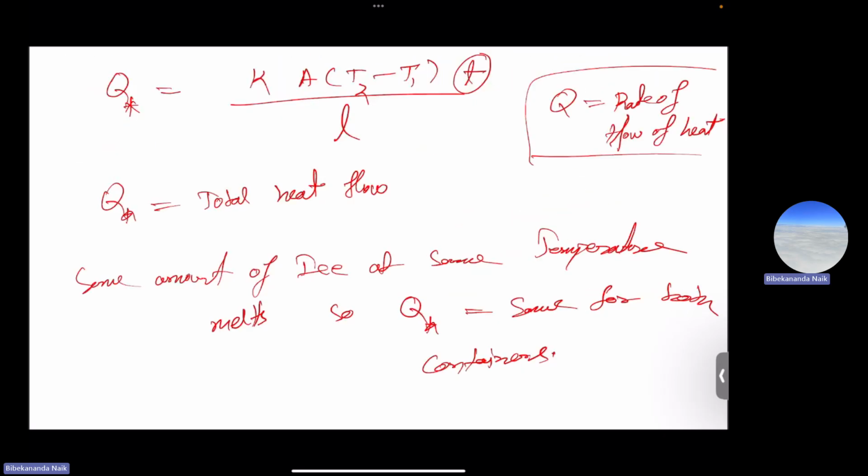So the amount of heat required for both cases is the same, because the amount of ice is the same, the initial temperature is the same, and if it is getting melted, the final temperature is also the same. But depending upon the value of thermal conductivity, the rate of heat flow will change. That's why the total time is different for both cases.